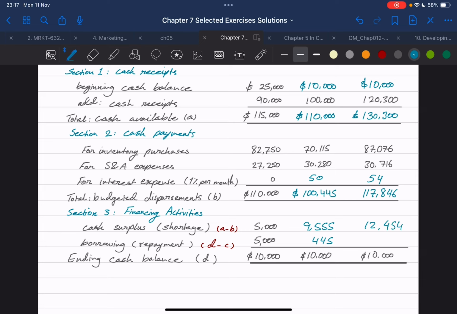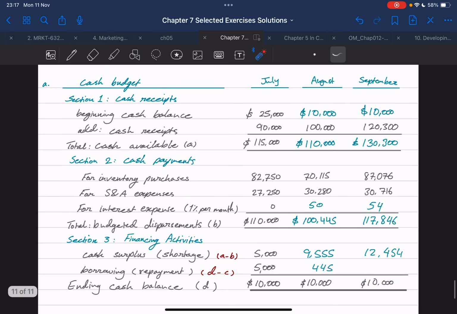We will get $12,454. Okay, now notice for the first time we have more cash surplus than we want to have by the end of each month, more than the desired ending cash balance of 10,000, right? So in the month of September, we have the ability to repay some of the money that we have already borrowed in the previous 2 months.